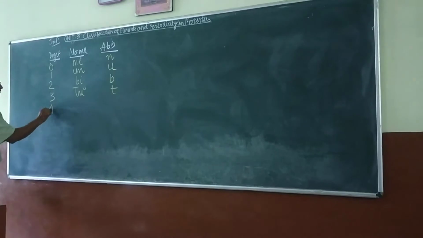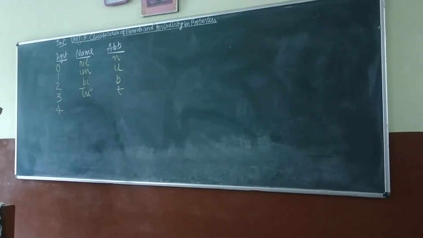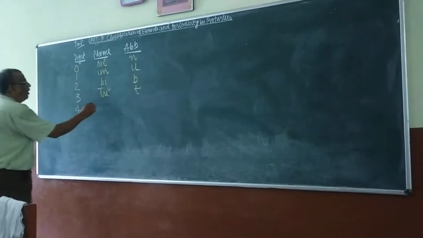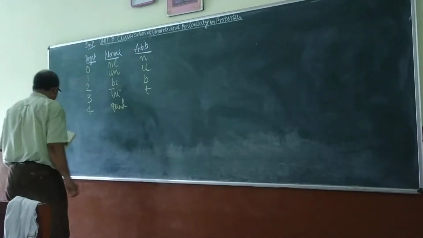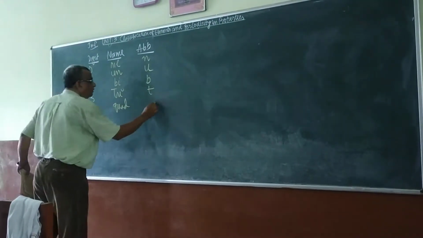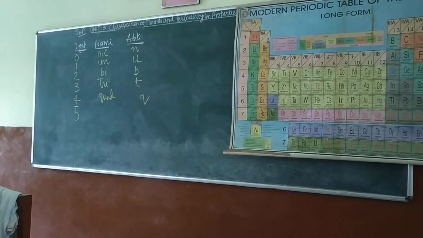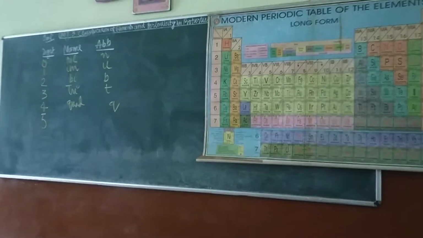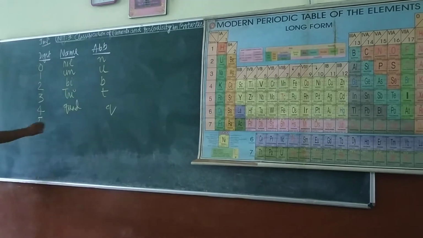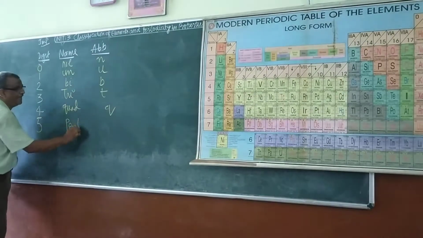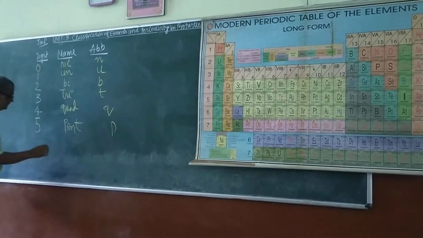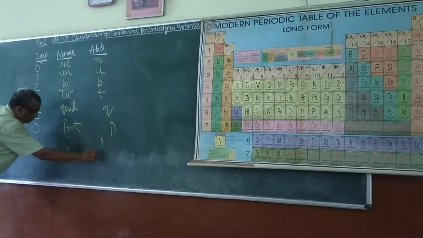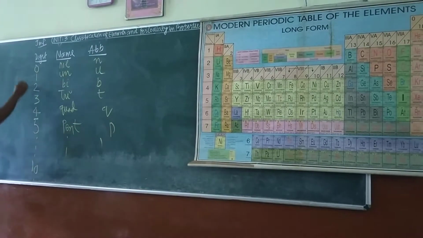If it is 4, the name is quad, Q-U-A-D, and it is q. If the digit is 5, it is called pent, and the abbreviation is p. This we can continue up to 10 digits.